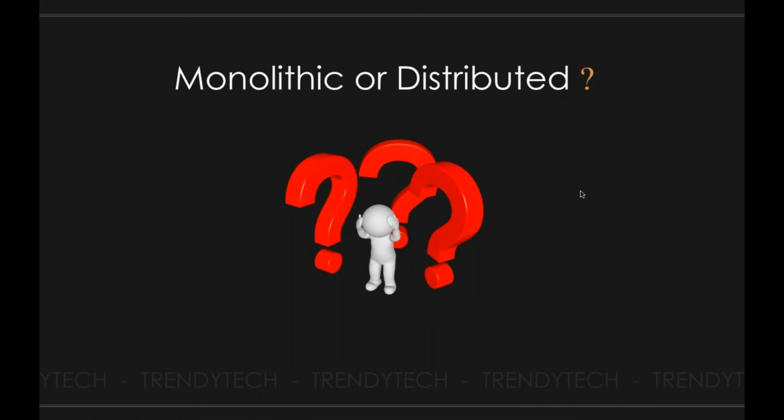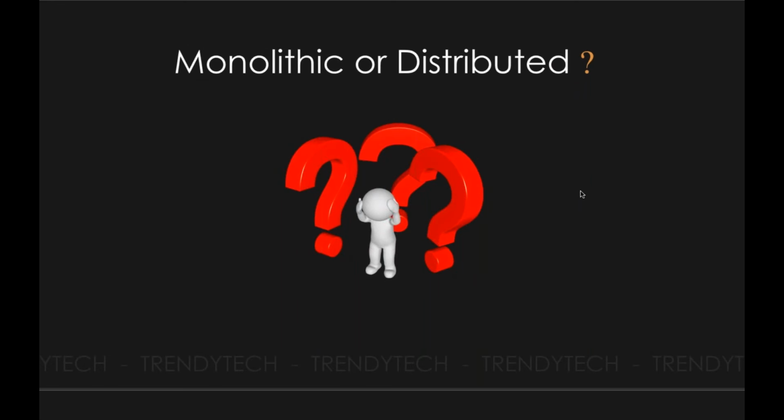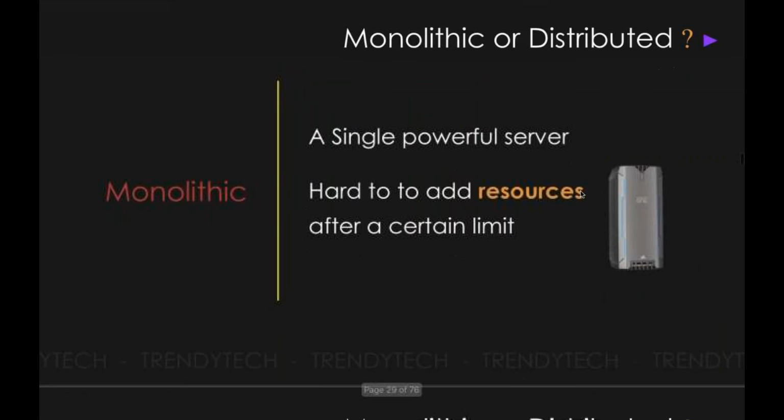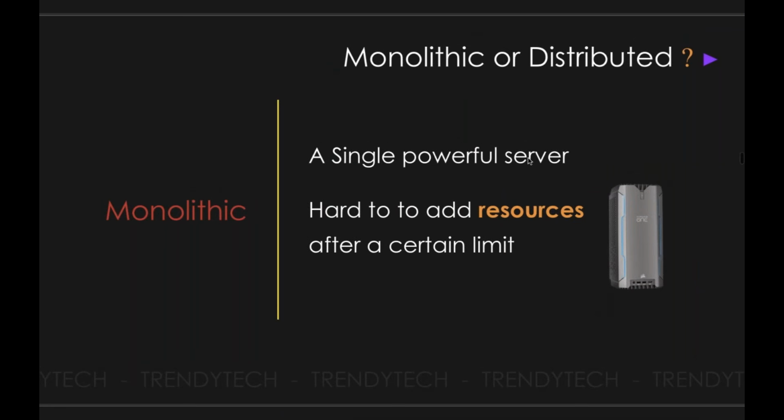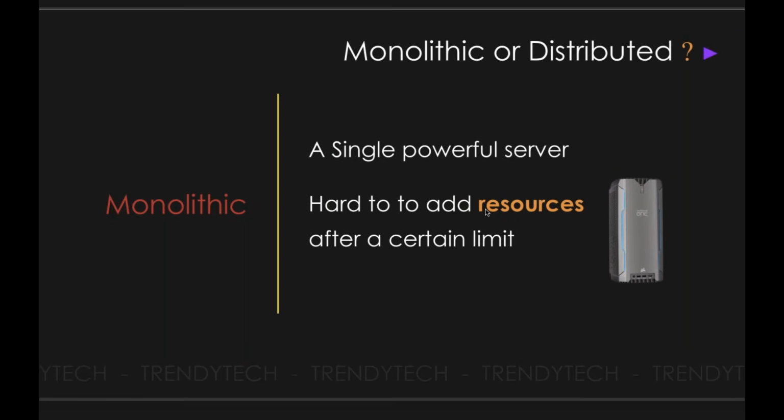Now, which system is better, monolithic or distributed? We need to think of it. As you know, monolithic means a single powerful server holding a lot of resources. But let's say tomorrow, if you want to scale it or add more resources to it, is it easy? No, not at all. Consider your laptop.